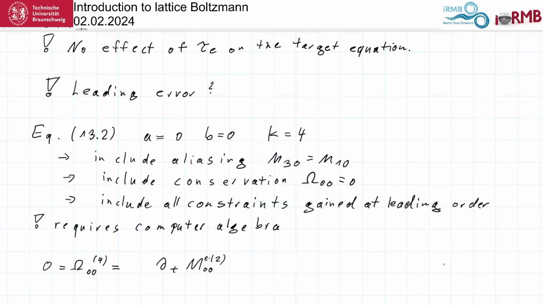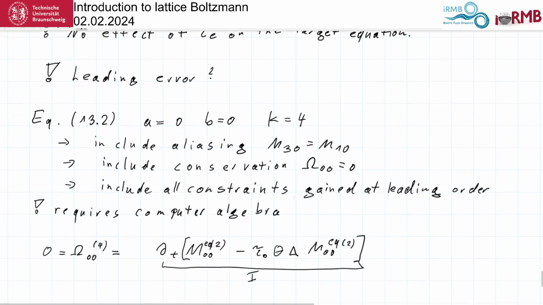Okay, now I remember why I wanted to include this. I still write equilibrium here. Minus, to put some brackets, tau 0, theta, and here is Laplace M0, 0, equilibrium second order. And we'll call this guy here term 1, right?